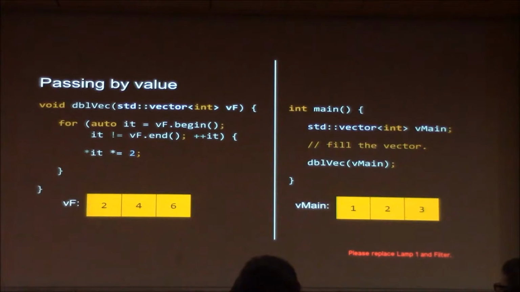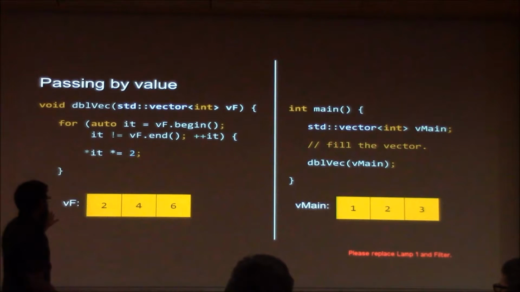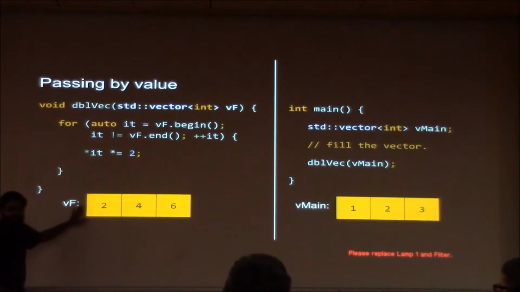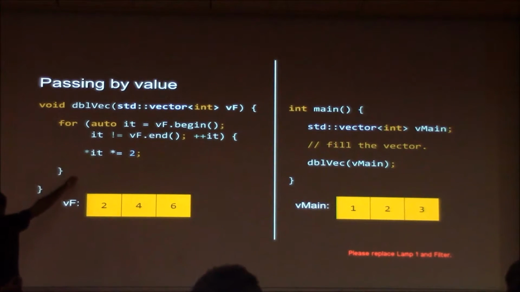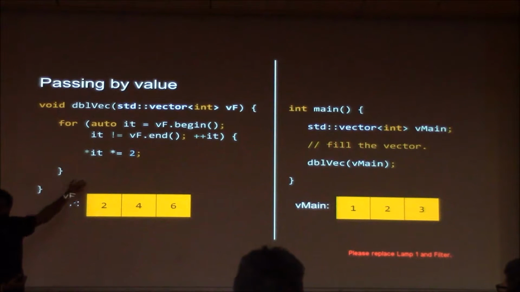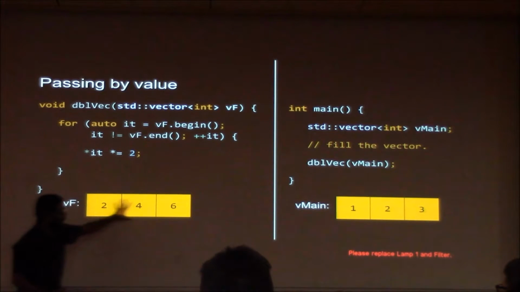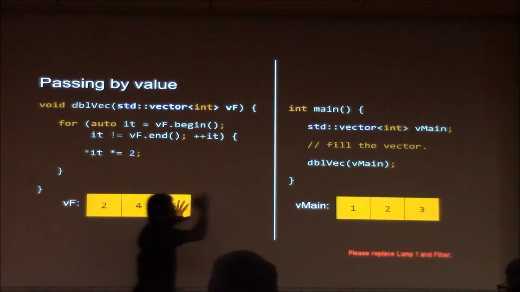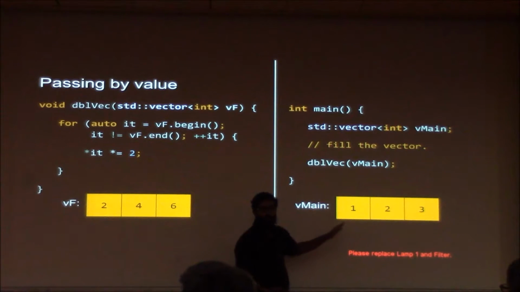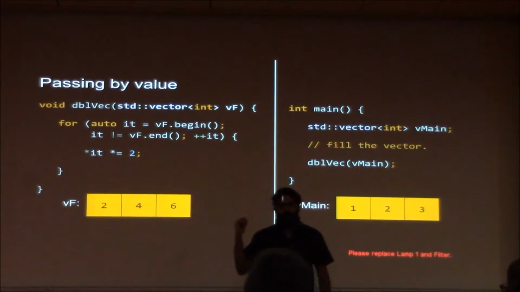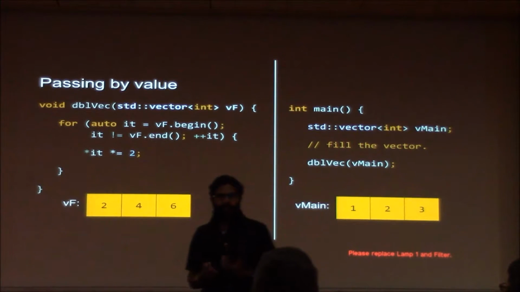Once this function completes, we will not be able to access this vector vf because it was a local variable to the function dbl vector. And once this is done, we have lost the doubled values, and when we come back to the main function, we will only have the unmodified vector 1, 2, 3. So this is what happens when you pass a vector by value.